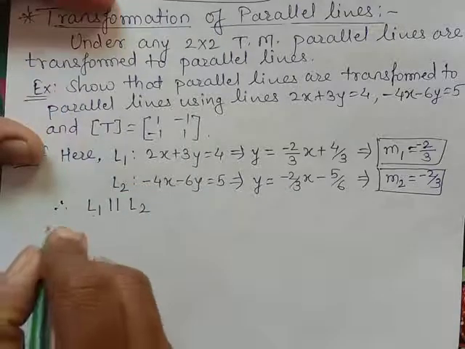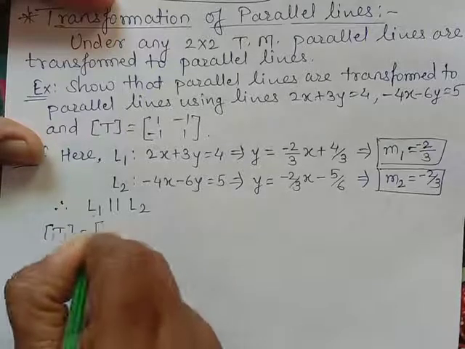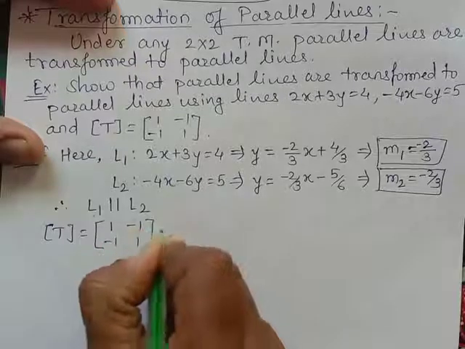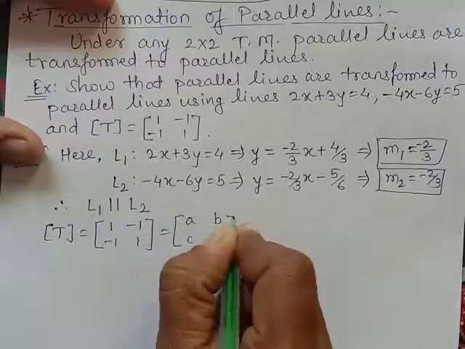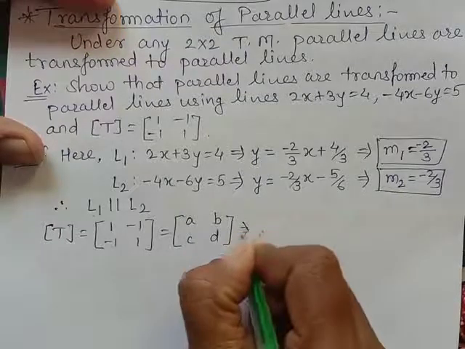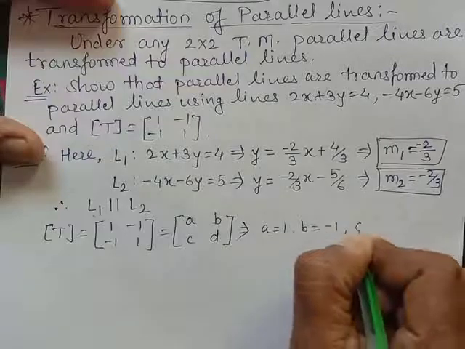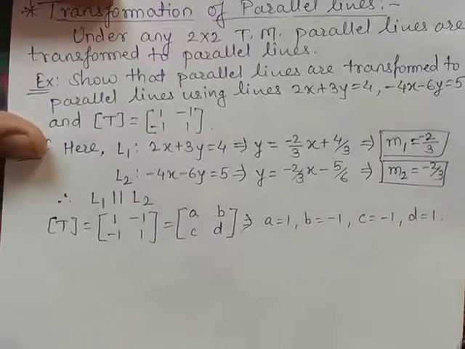Okay, so here T is [1, -1; -1, 1], that is [A, B; C, D]. That gives A is equal to 1, B is equal to minus 1, C is equal to minus 1 and D is equal to 1. So let me use that result.